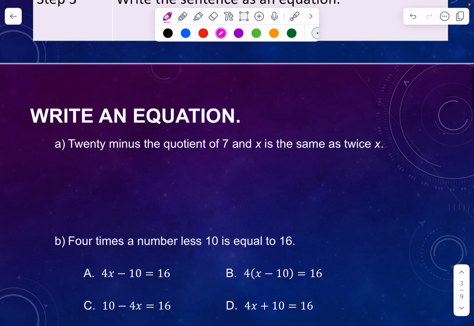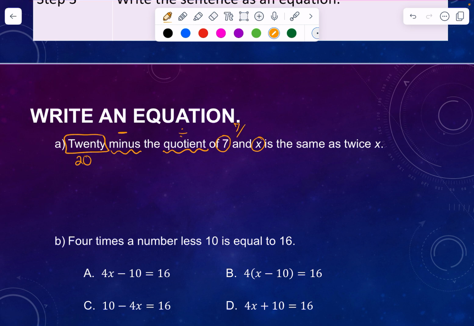All right, so let's write an equation, a math sentence with an equal sign, from the sentence. We're going to go through and circle some things. Here I see the word 20 minus, that means subtraction, the quotient, that means division, of 7 and x.